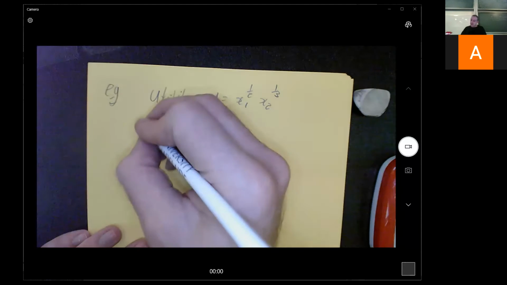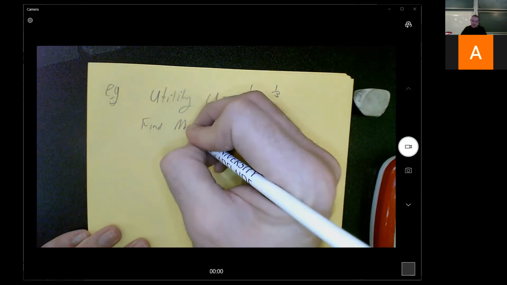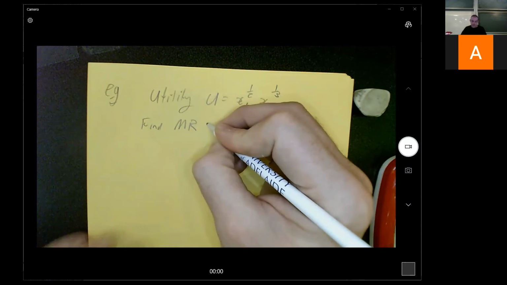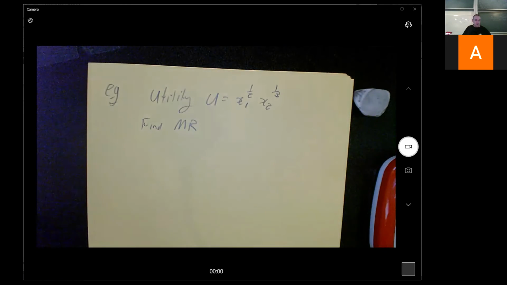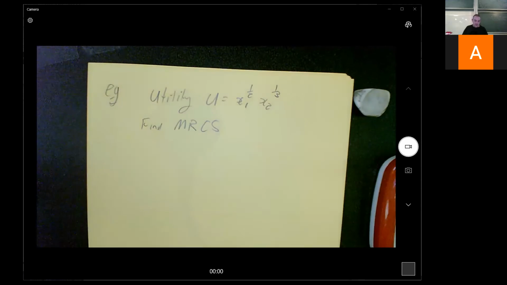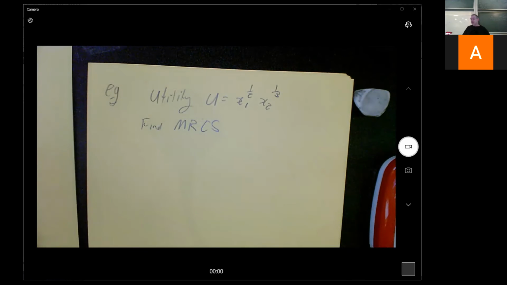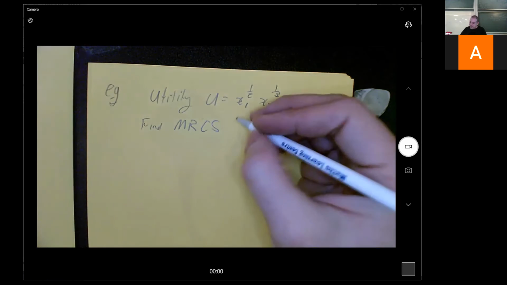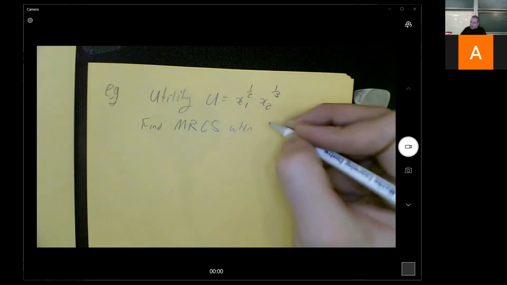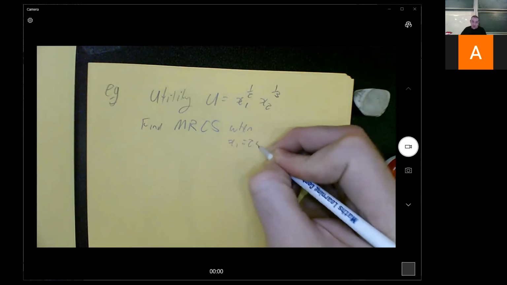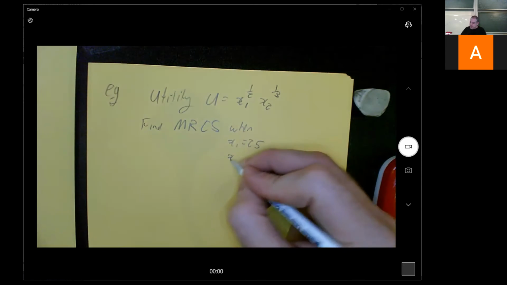Okay, find the marginal rate of, I've forgotten what it was called, something, CS. Commodity substitution. Commodity substitution, okay. When x1 is 25 and x2 is 8.